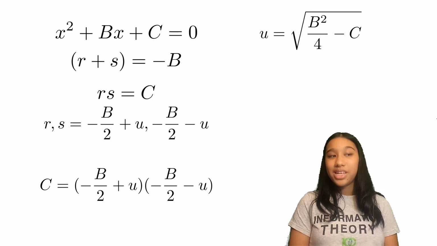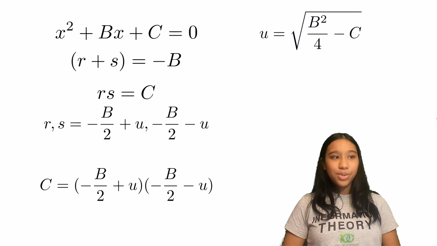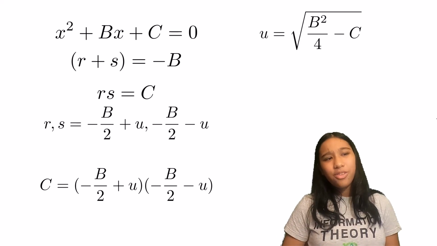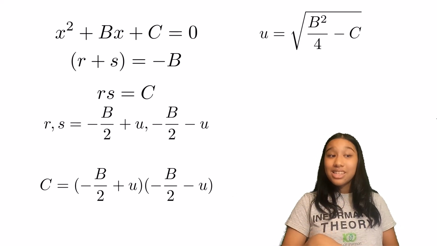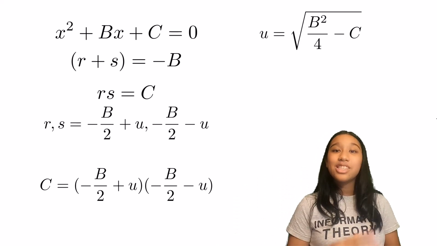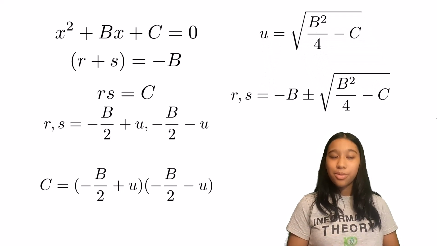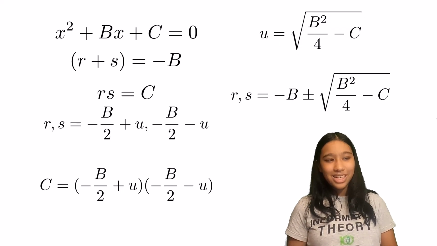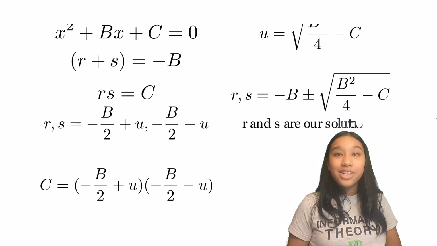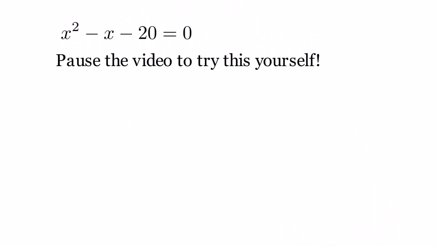Substitute in our values of B and C, and now you can solve for u. Again, now we know the value of u. We can substitute that into our equations for r and s in terms of u. So r and s equal negative B over 2 plus or minus the square root of B squared over 4 minus C, and you've solved your quadratic equation.